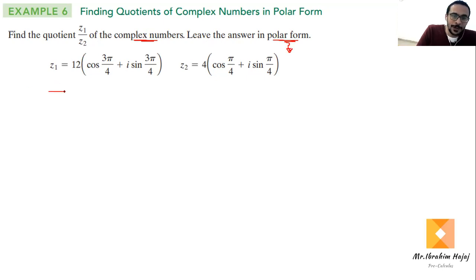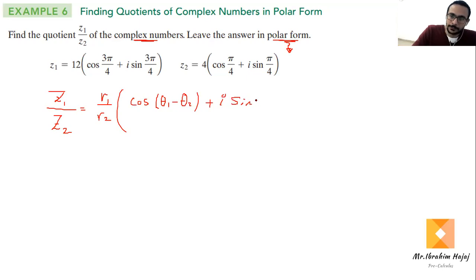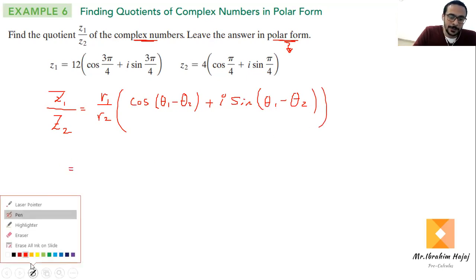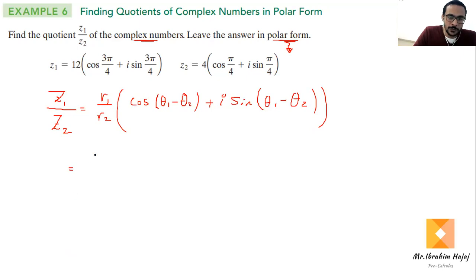Okay. Z1 over Z2 equals R1 over R2 into cosine theta 1 minus theta 2 plus i sine theta 1 minus theta 2. So what is R1? 12 over 4.